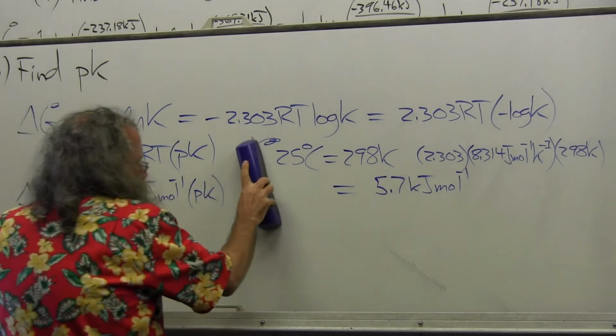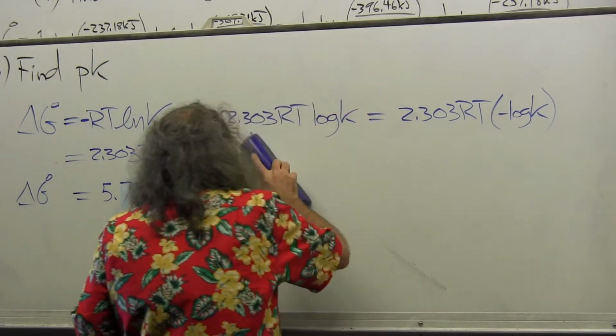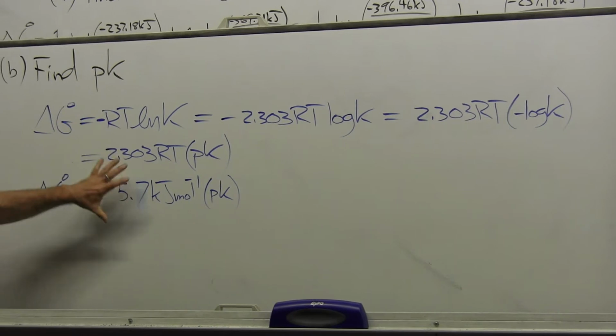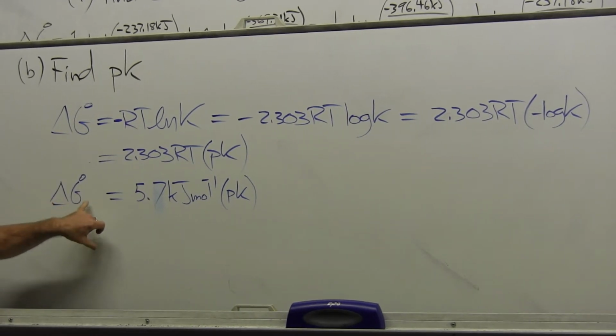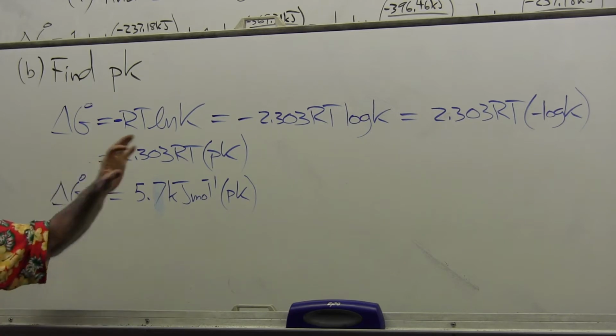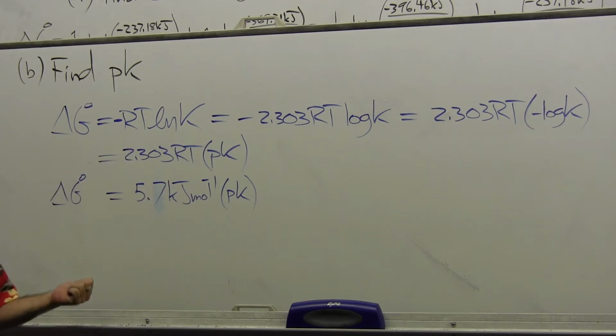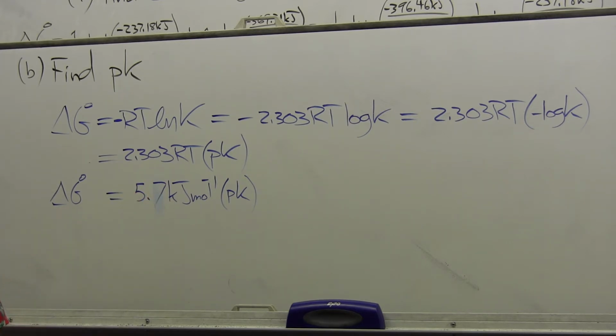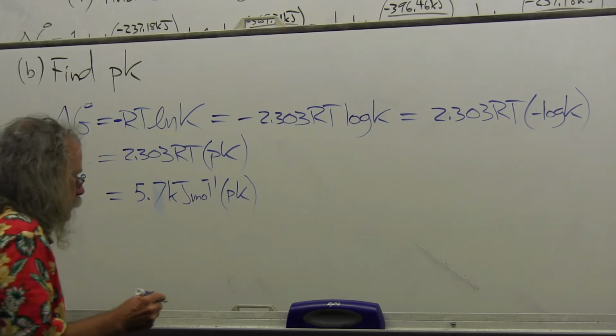So I don't necessarily need this on the page, that would be scratch paper. You could, if you felt compelled, put all this in, or you could just start with delta G naught equals 5.7 kilojoules times PK. And I would accept that. But you need to know from whence it came. Okay, and it's easy to remember 5.7 kilojoules.